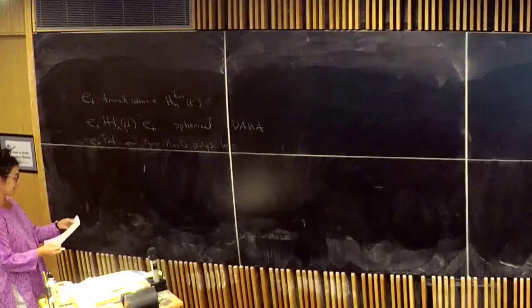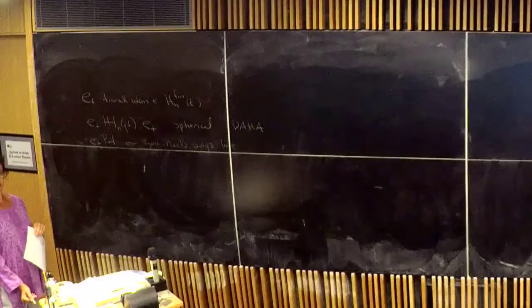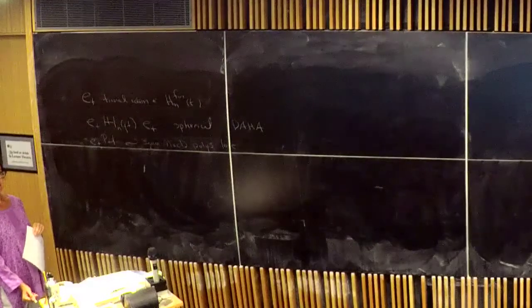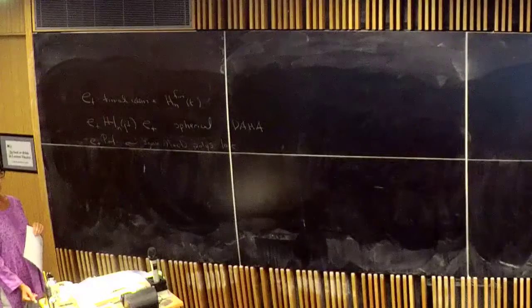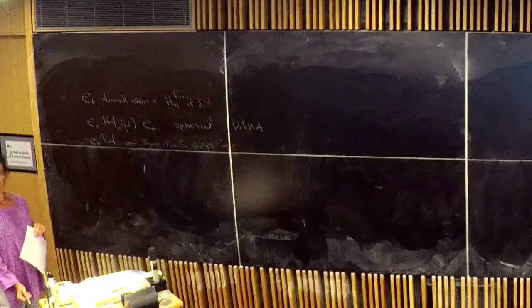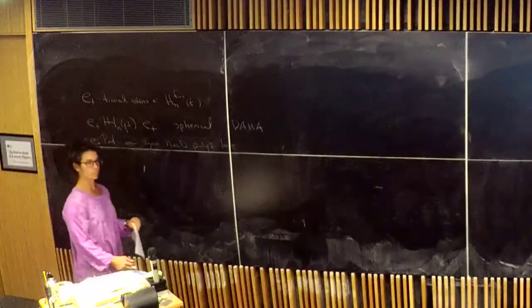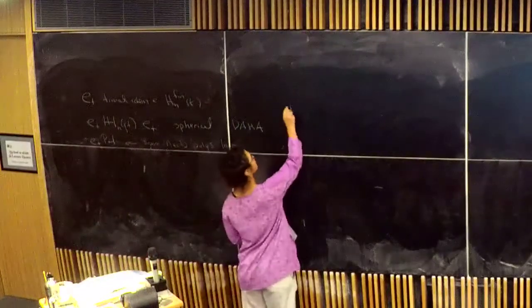Maybe just to say what you're saying in other words: in the same way that the affine Hecke algebra is a quotient of the affine braid group, the double affine Hecke algebra is some kind of quotient of the braid group of a torus by some quadratic relation.